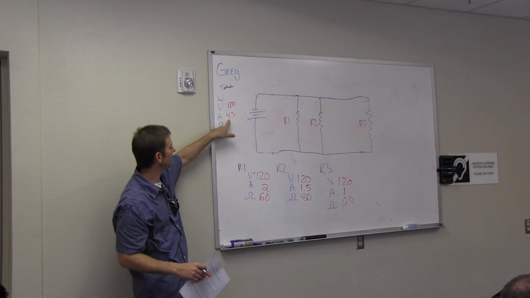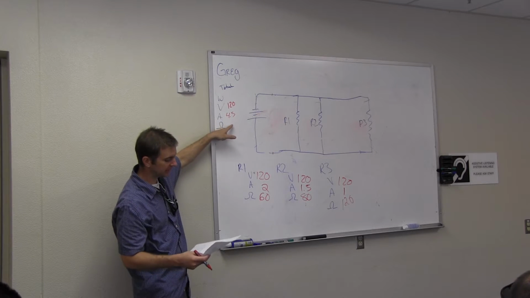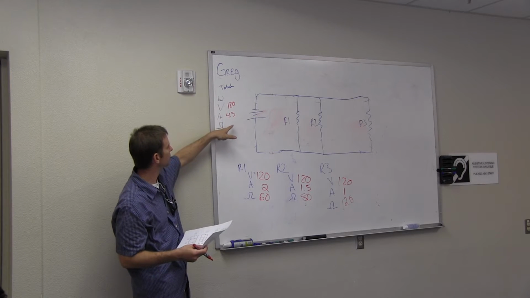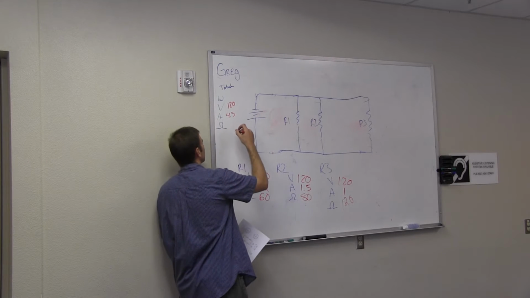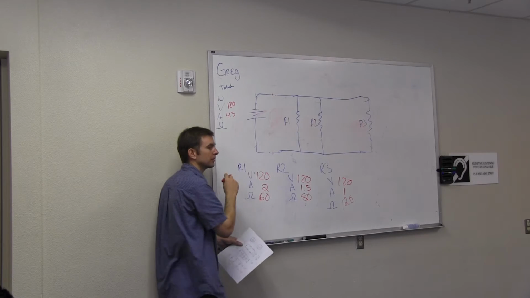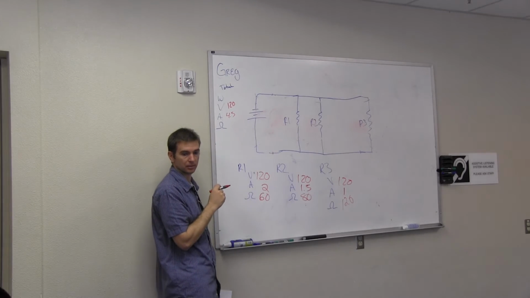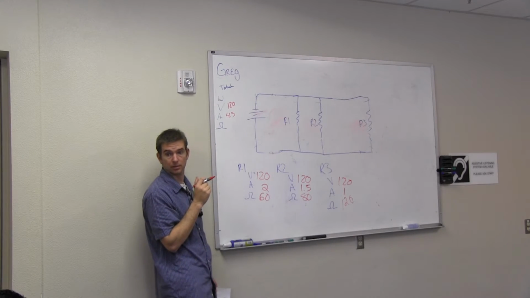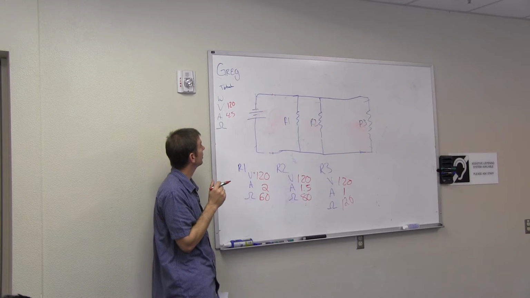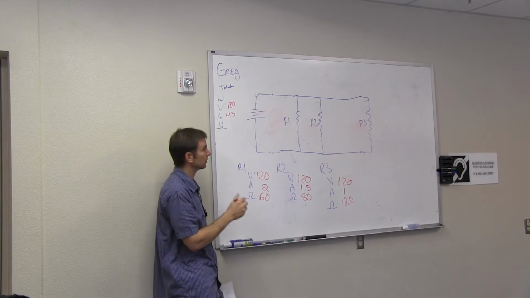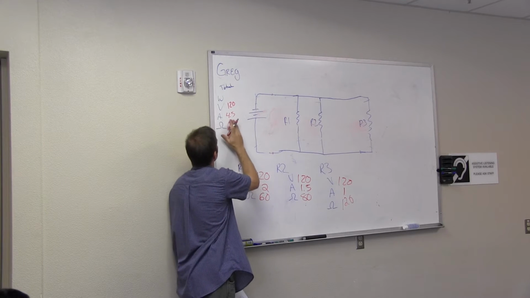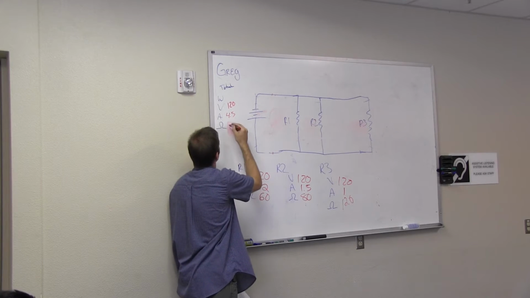So our voltage divided by our ampacity. Our E divided by our A is equal to our R. 120 divided by 4.5 is? 26.66.